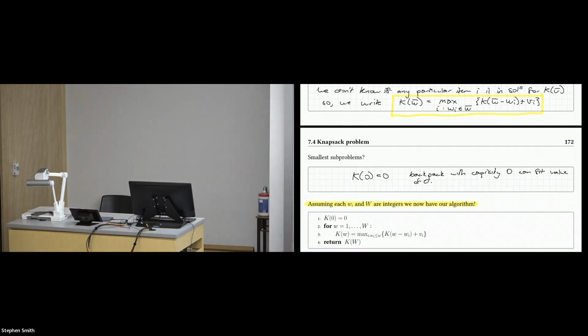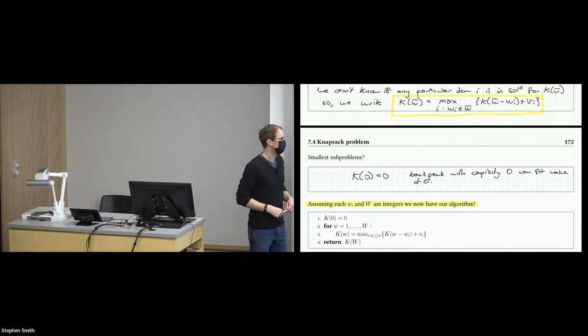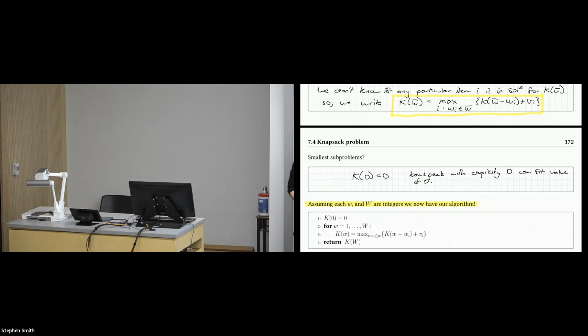So K of 1 is going to be the max over all the items with weight less than or equal to 1 of that same expression: the best way I could fill a backpack with that smaller size plus the value of that item. And then at the end, I return my solution, which is with the capital W, the full capacity.